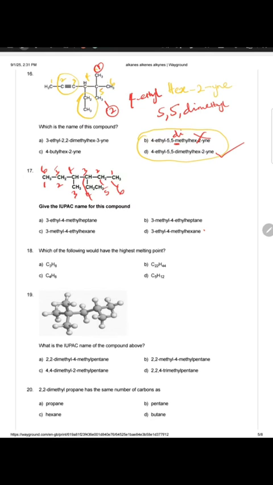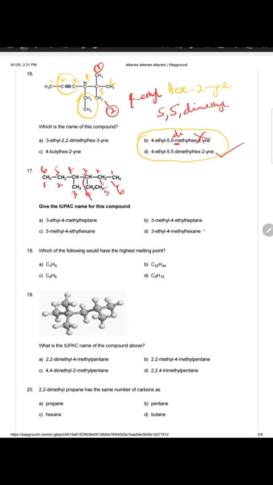So we are going to give the lowest number. We've counted from the left to right and also from the right to left. But then the correct count will be the one that is giving the lowest number to either the carbon with the double or the triple bond, or, if there isn't one, the one giving the lowest number to the substituent.